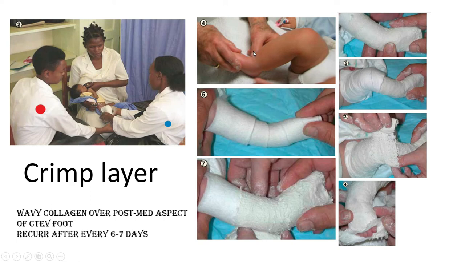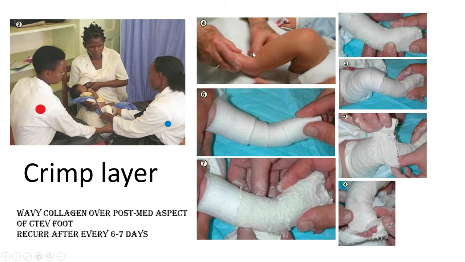When there is blanching of the nail bed of the surgeon, that means enough stress has been given on that child. Got my point? When we are giving pressure over the child's foot, when blanching of the nail bed occurs, that is more than sufficient pressure, because we can give enough stress over this foot, but it is not needed, or it is over corrected.